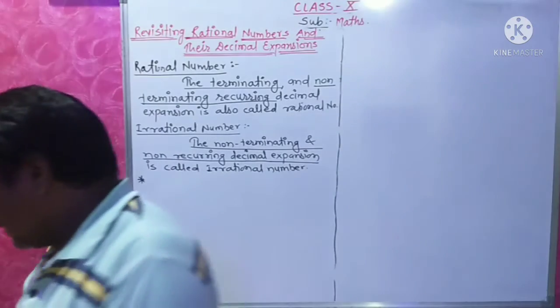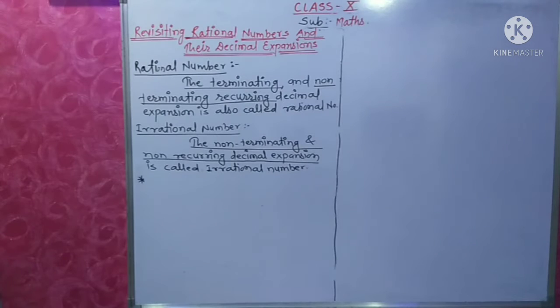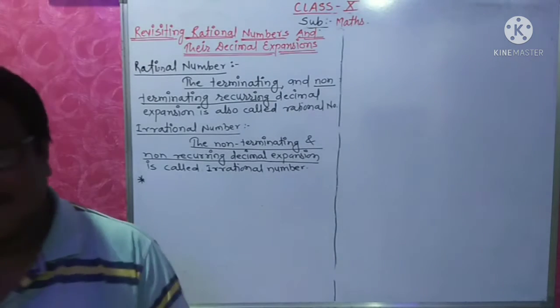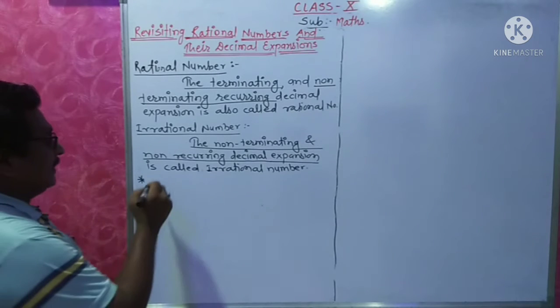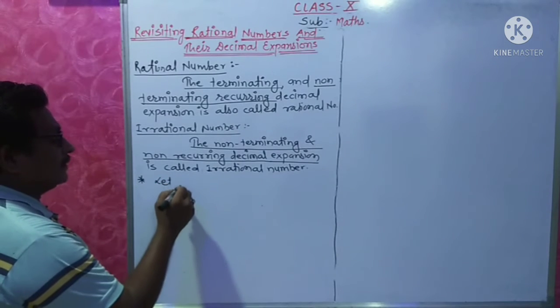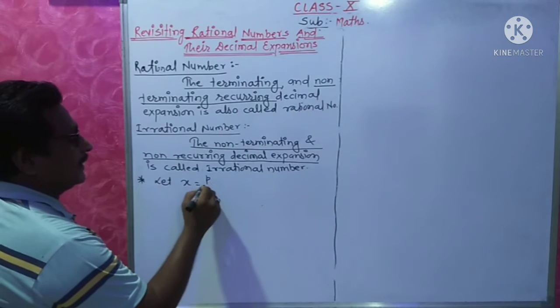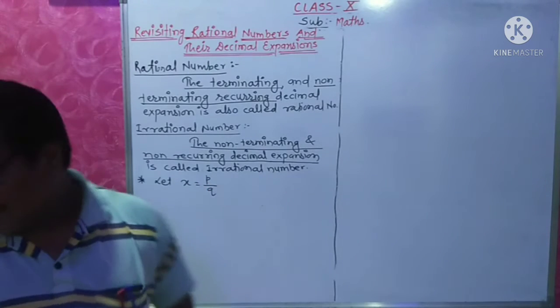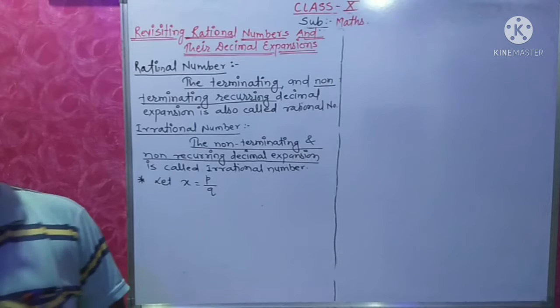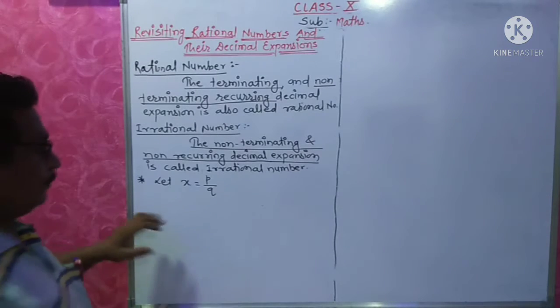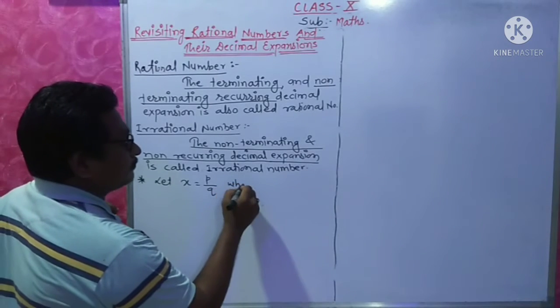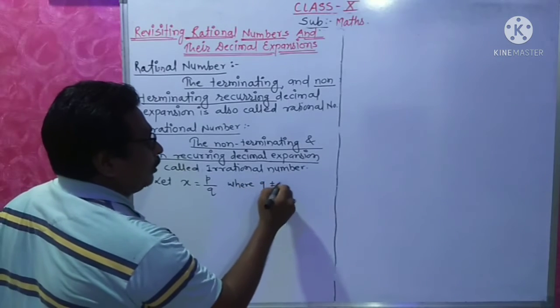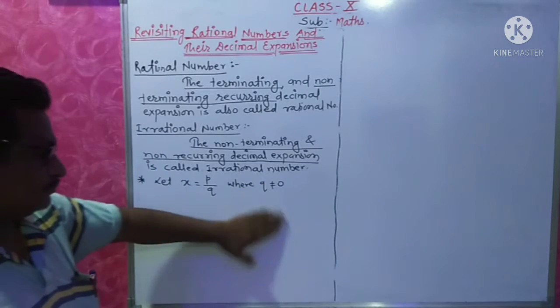So next, let x equal p by q, which means any number is given in the p by q form, where q is not equal to 0.